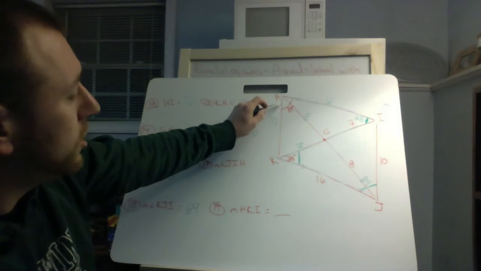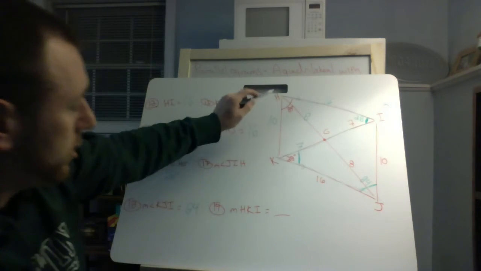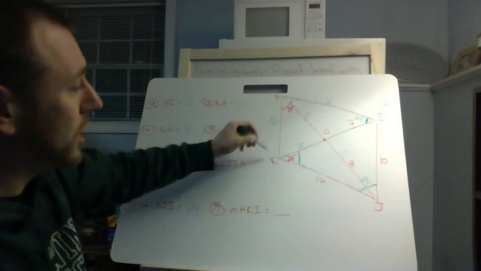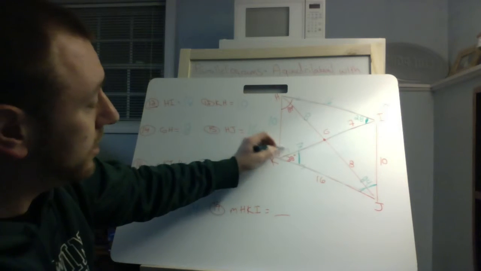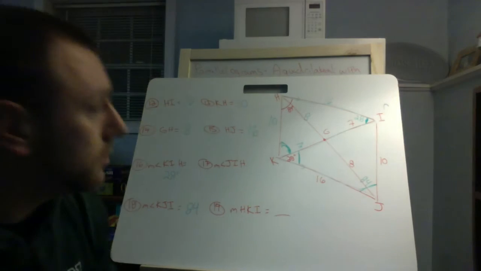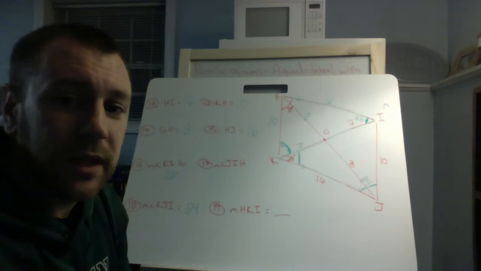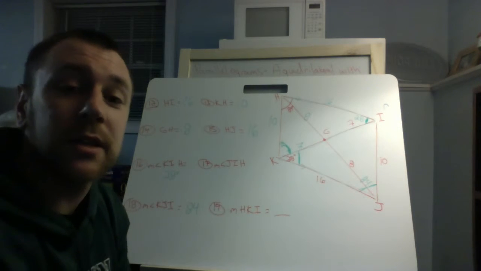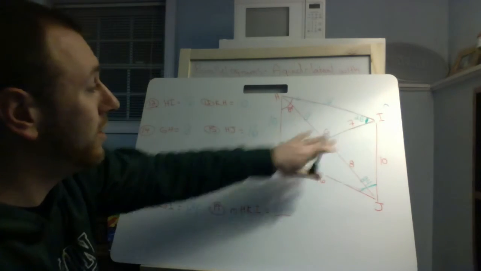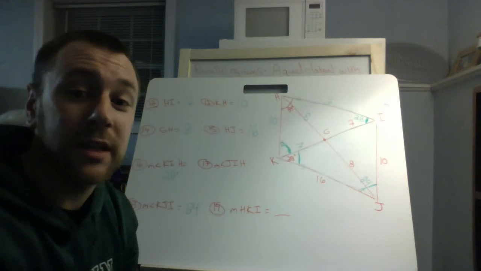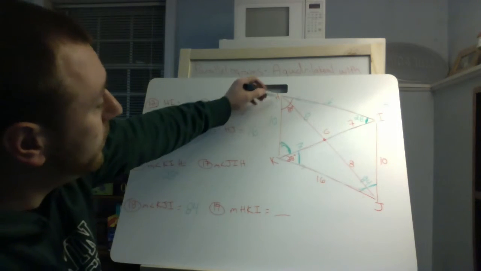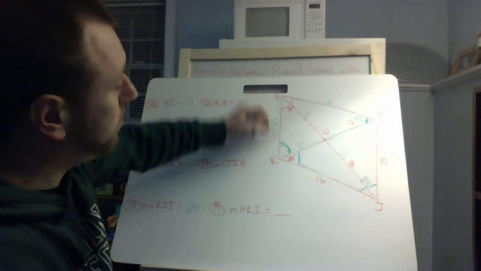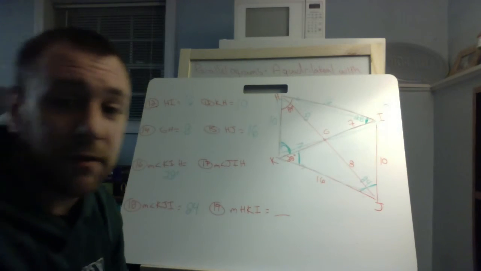HKI, sorry, is this angle right here. Okay, well, here's the thing. You have to view this as a whole parallelogram, but also its given parts. And if you see, this is a big triangle that you have there.